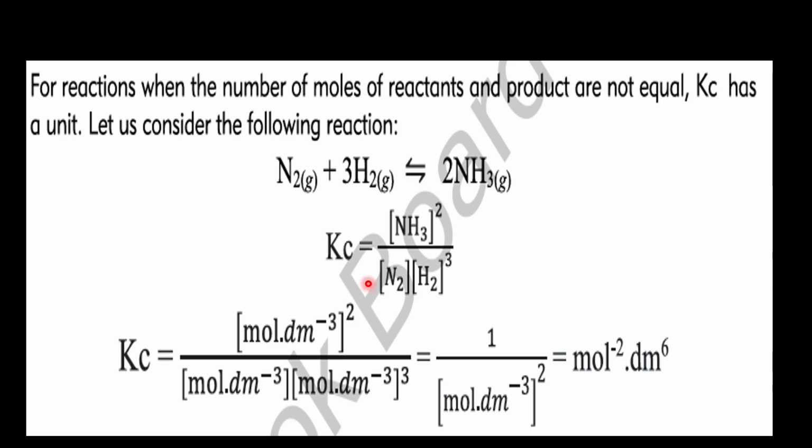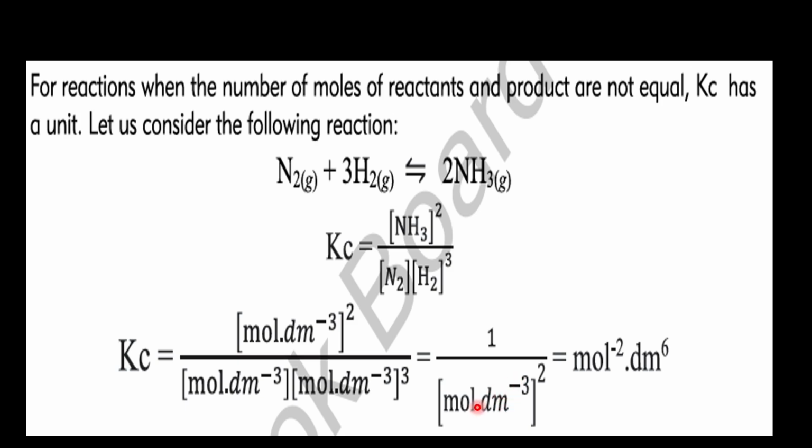So 2 ones are 2 and 2 twos are 4, so overall this will cancel, and here we will write power 2. So mole per dm cube to the power 2. Now multiply this square with this, so it becomes mole squared, and this becomes mole to the power minus 6.